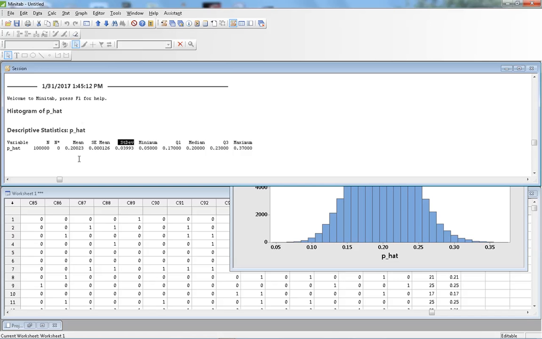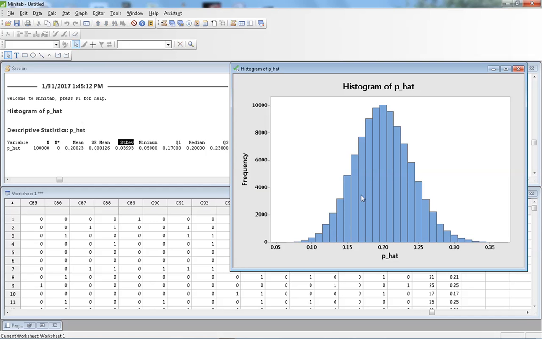So the shape of the histogram should be like that of a normal curve. So the simulation should show a histogram that is approximately symmetric and mound-shaped like a normal curve, with a mean of 0.20 and a standard deviation of about 0.04.